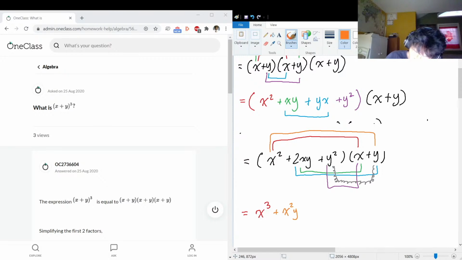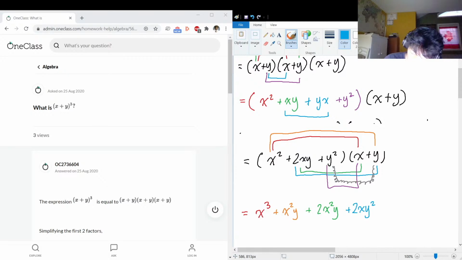The next thing was green, so that's 2xy times x, so that's plus 2x squared y, because there are two x's and one y and one 2. The next thing was blue, so 2xy times y, which is plus 2xy squared.